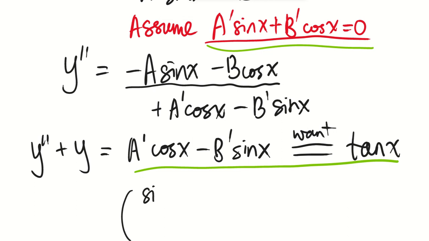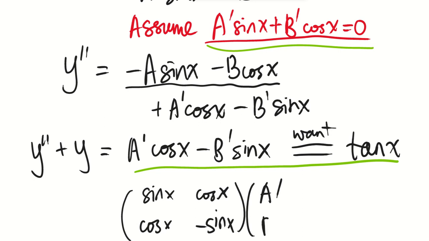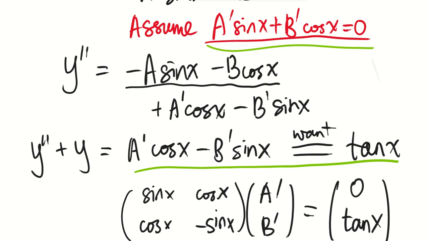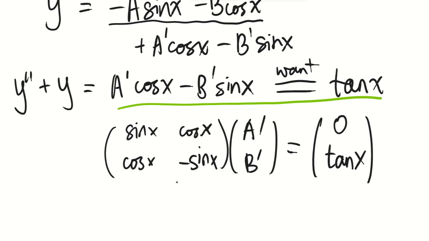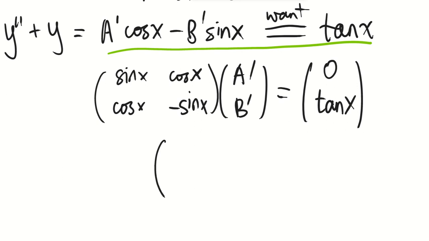So sine x, cos x, and negative sine x. This times a prime b prime equals 0 tangent x. And you can check for yourself, this matrix is actually the inverse of itself. It's easy to check that.